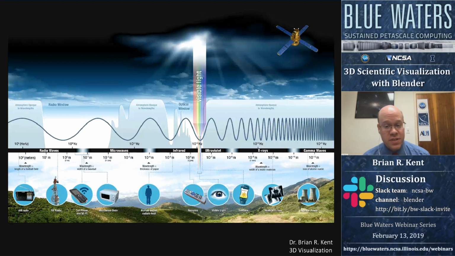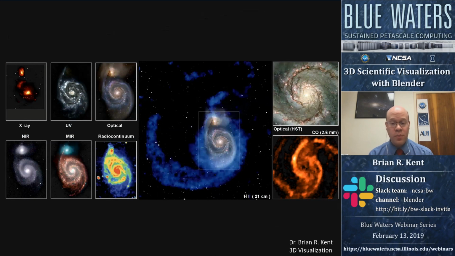So here's an example. This is the Whirlpool galaxy, Messier 51, and what it looks like across the entire electromagnetic spectrum, including X-ray, where you're going to see the high energy emission, the UV, the optical, the near and mid-infrared, the radio continuum, and then on the right-hand side you see a beautiful optical picture.